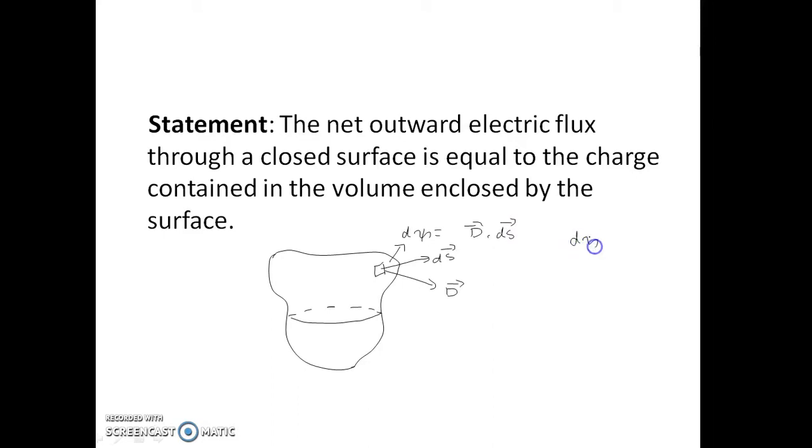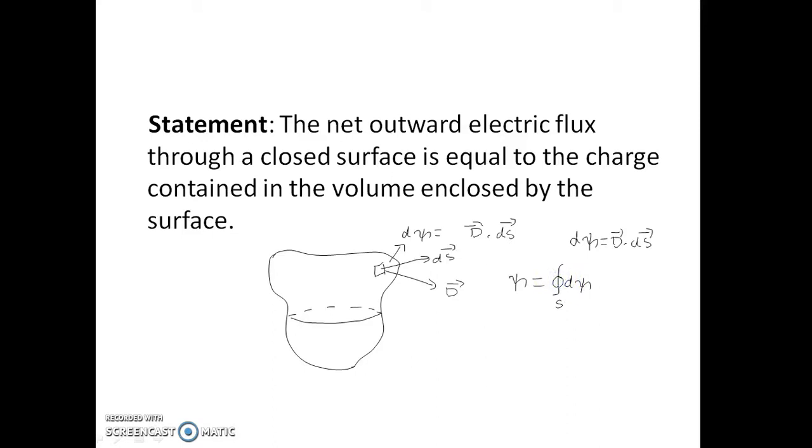So here d psi is the differential flux emerging from the differential surface dS. So the net electric flux which is emerging from the closed surface is obtained by integrating this d psi over the entire closed surface.